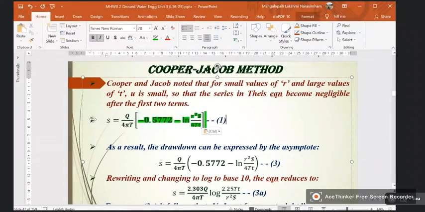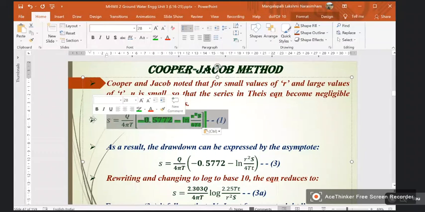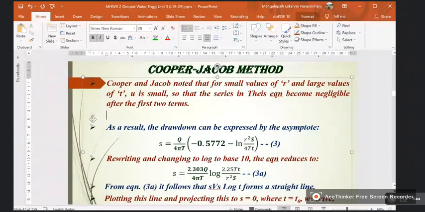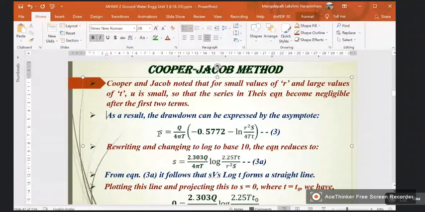Therefore, your simplified equation will be this one.